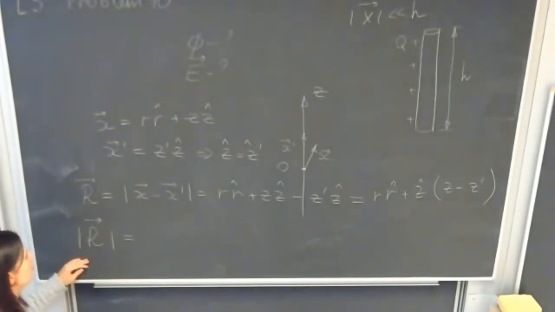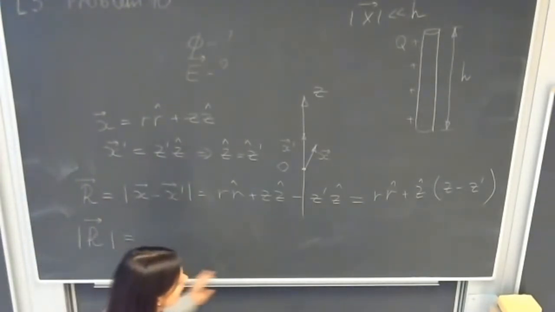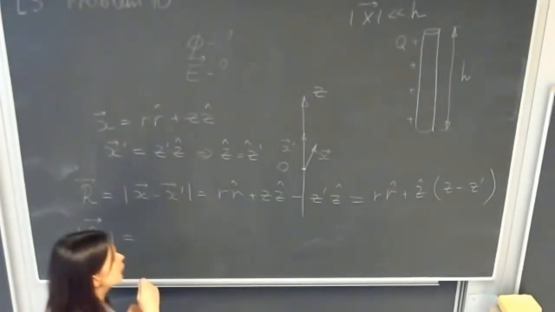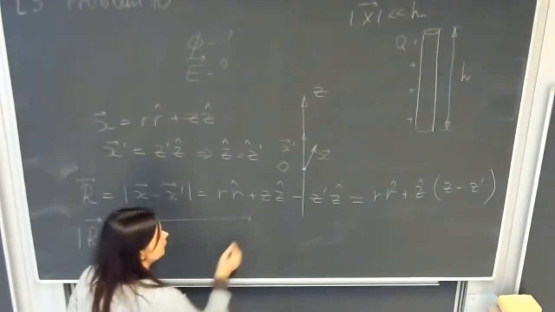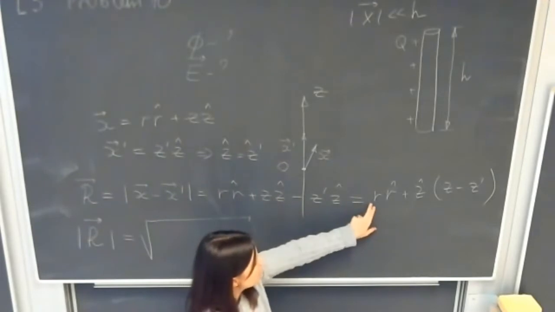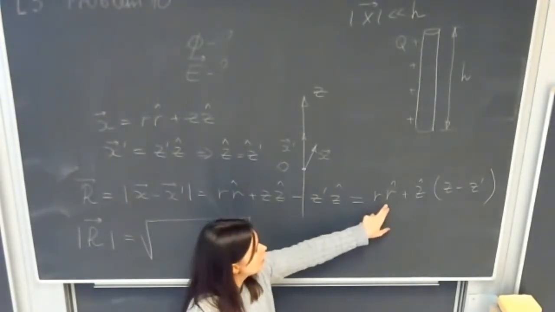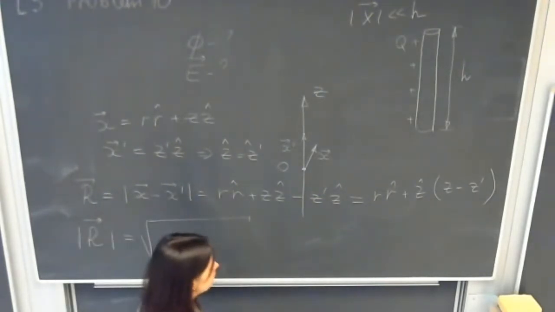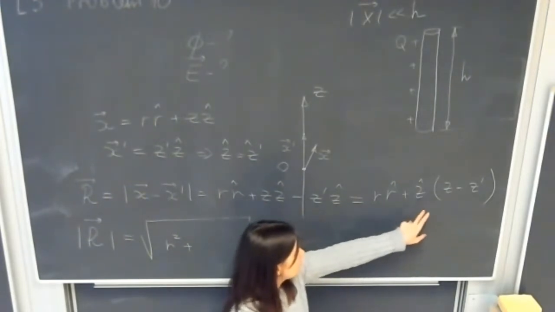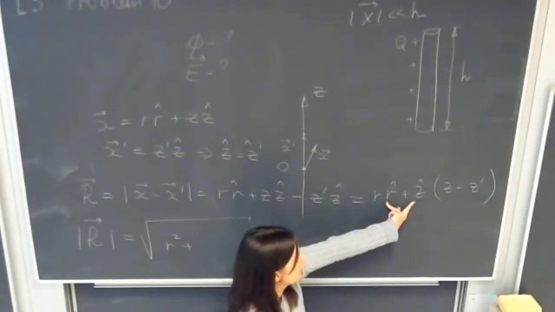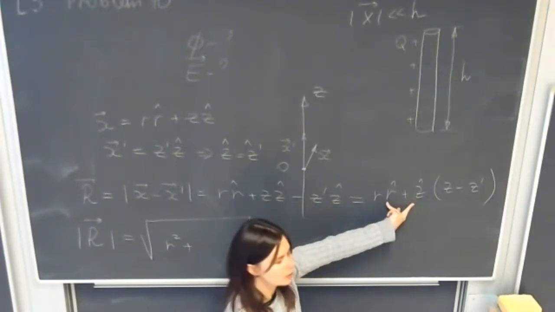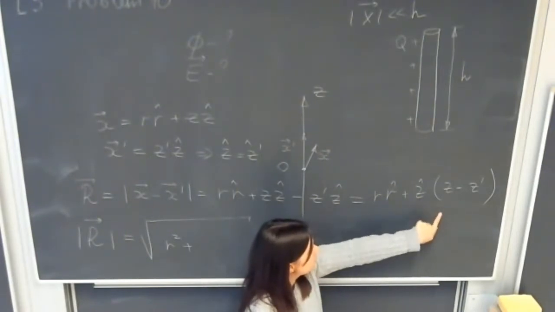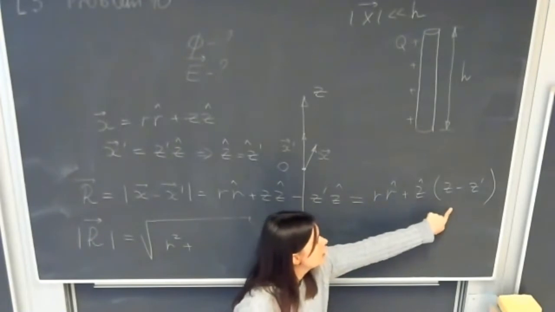And the absolute value of this vector is this part, taken a square of and then a square root of. So it will be r squared, since r unit vector times r unit vector is 1, plus this 2 multiplied times the scalar product of unit vectors r and z, which is 0. And then this part again, z times z is 1, and this part is squared.